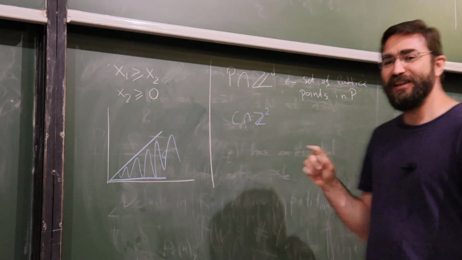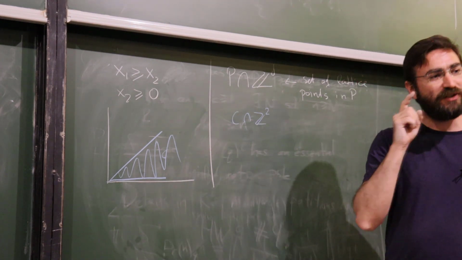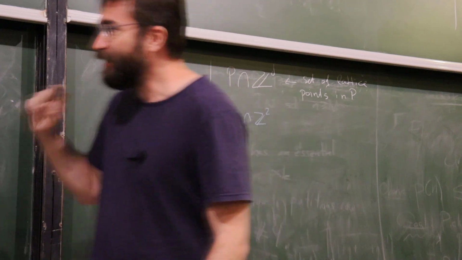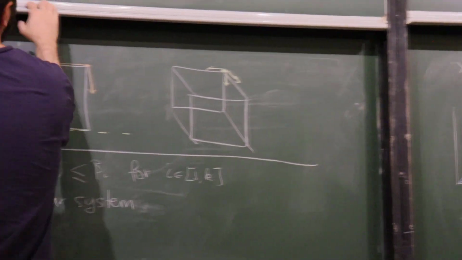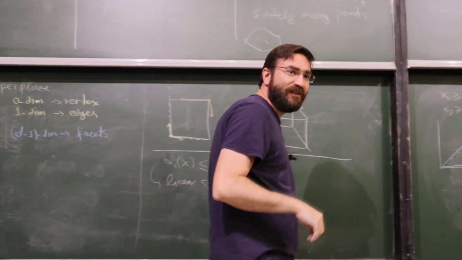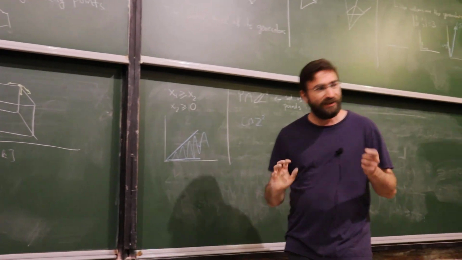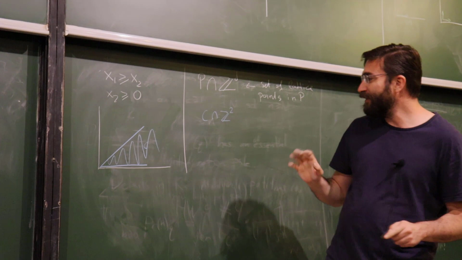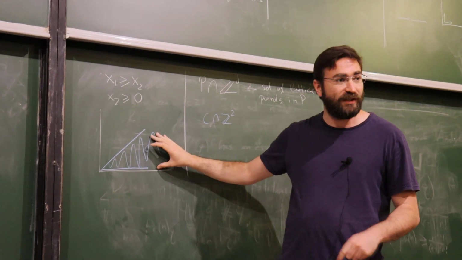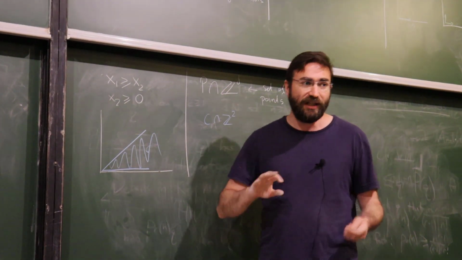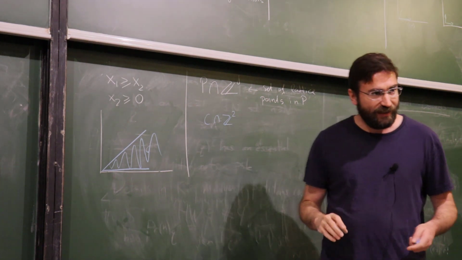The reason why I'm not sure I'm correct is that I also like to think in V representation. You're mixing V with H representation, okay? So these are different. The fact that we have two inequalities and two generators here is actually an accident. It's not necessarily the case.